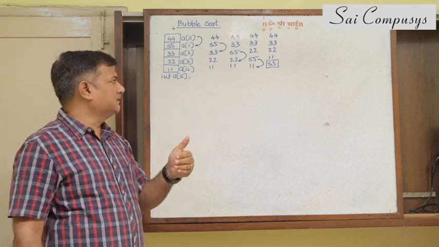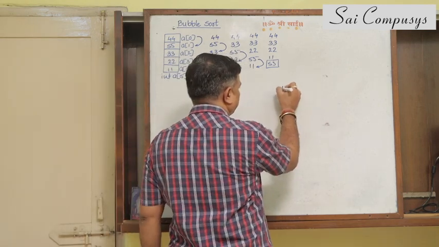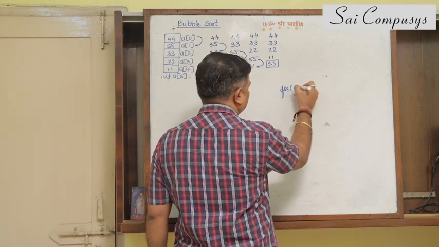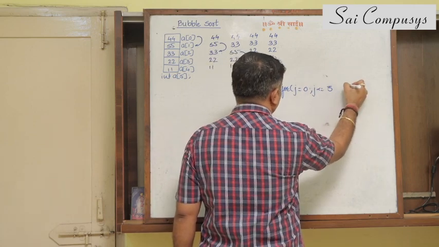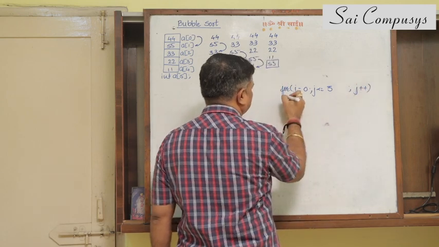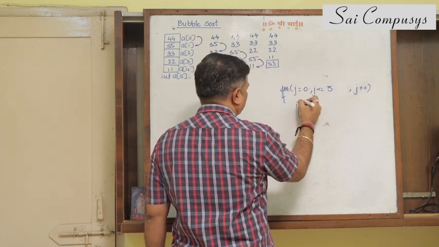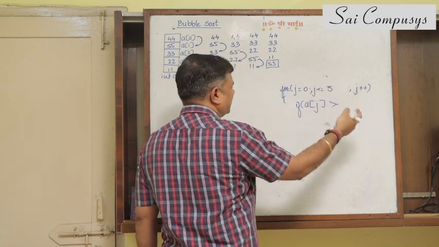So to do this, I'll write down a small logic for you. This is not the complete sort, but what this logic is doing is comparing every element with its next element. Let's see. Each A of j, I have to compare with its next element.